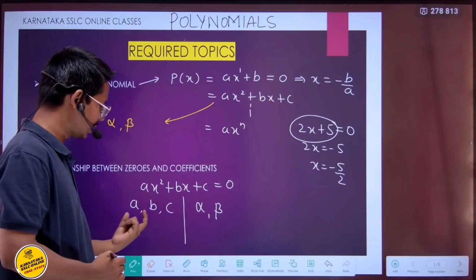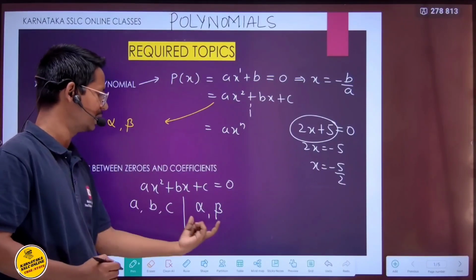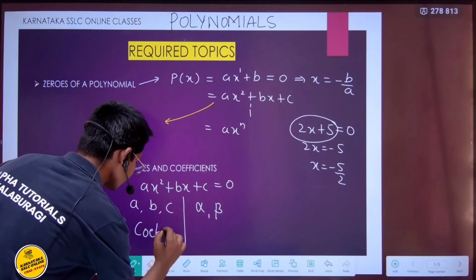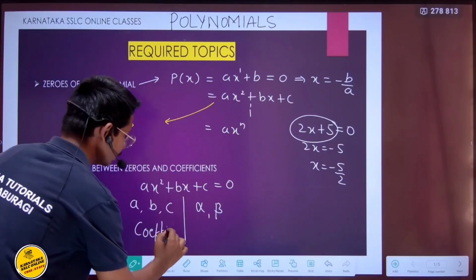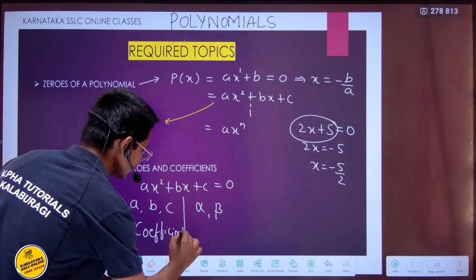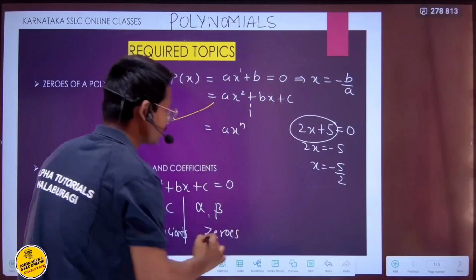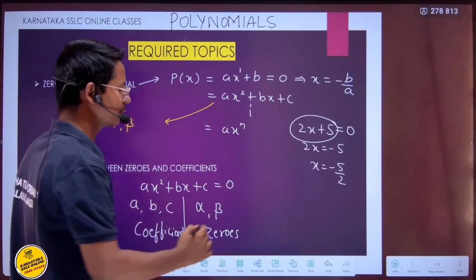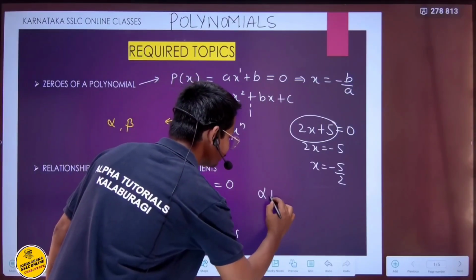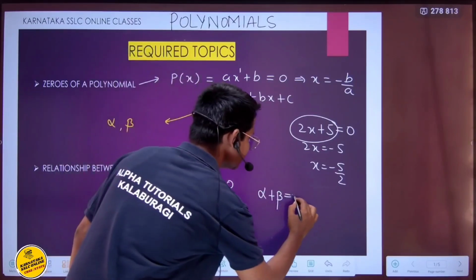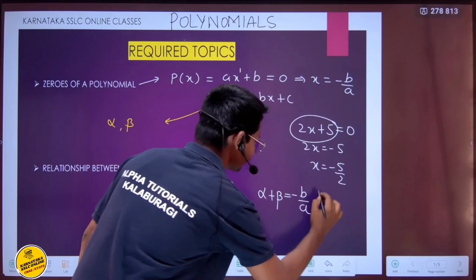Now I can make a relation between these coefficients and zeros. So these are nothing but coefficients, and these are nothing but our zeros. The relation is such that the sum of zeros you can relate with the coefficients as minus b by a.